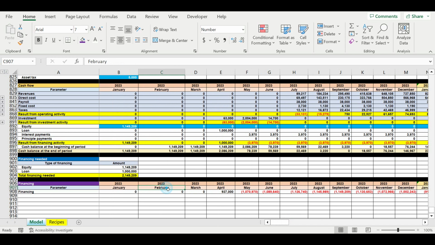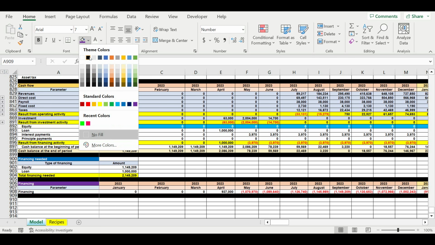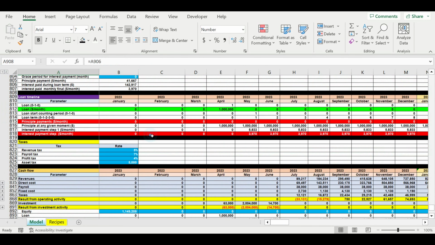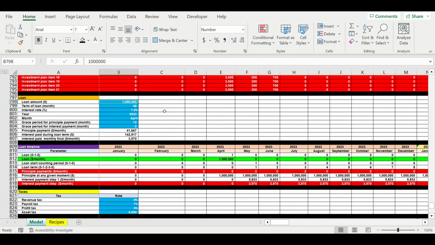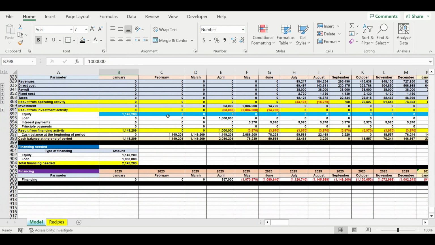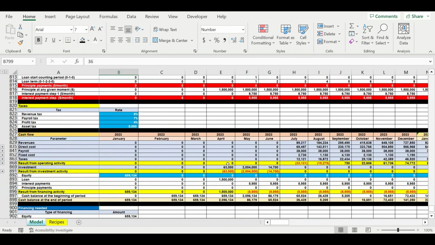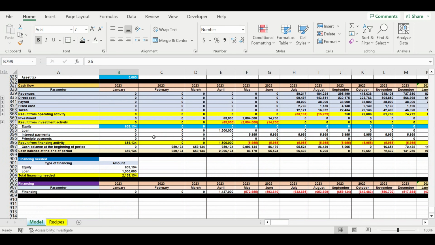What is valuable is that we can quickly change the structure of financing. So for example, I will take a $1.5 million loan. So this is my money, this is the loan, and this is the mathematical zero point after which the project starts generating its own cash.